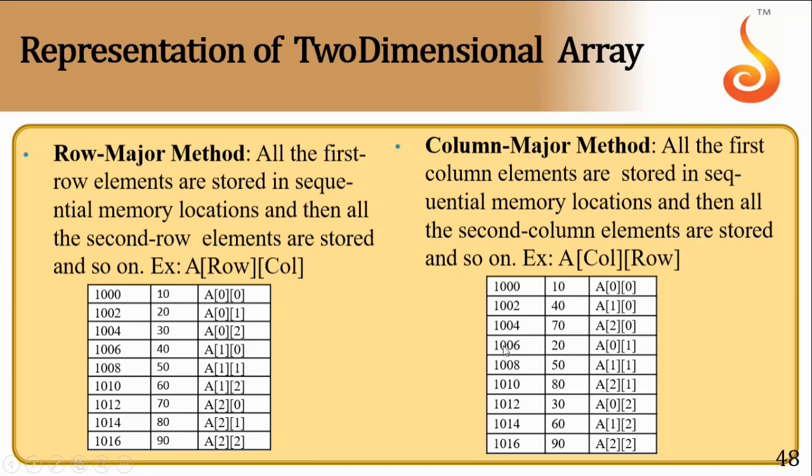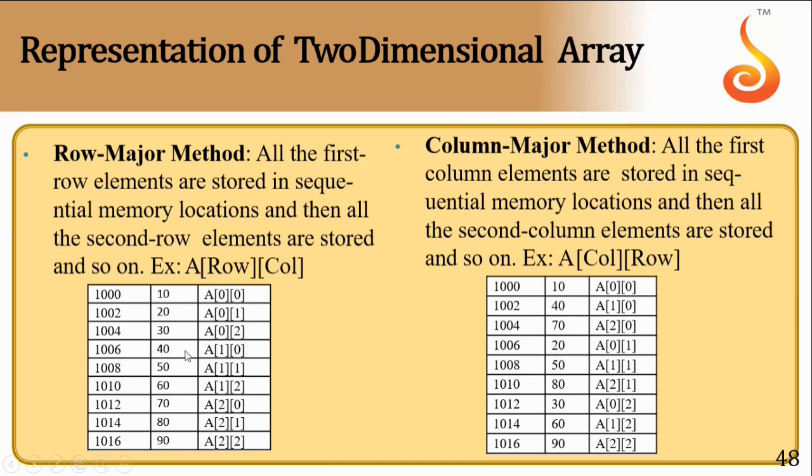Next, in the column major method, you store it column wise. The same elements you can see here. 10 is 0th row, 0th column, so it will be first. Then you will store first row, 0th column, and then 0th row, first column. 40 would be stored next.